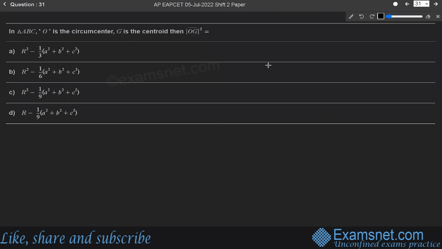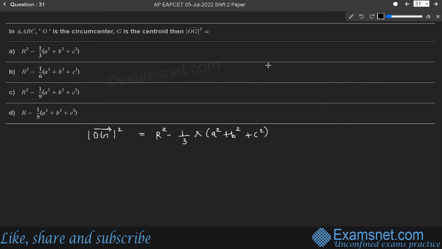Next question is, in a triangle ABC, O is the circumcenter, G is the centroid, then modulus of OG vector whole square is equal to. We know that if in a triangle ABC, G is the centroid, then its square of the modulus is equal to R square minus 1 by 3 into A square plus B square plus C square.